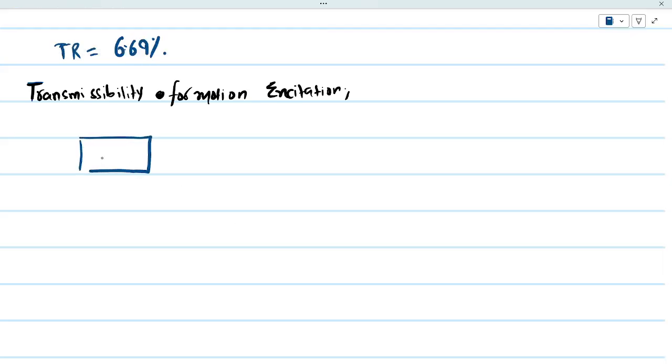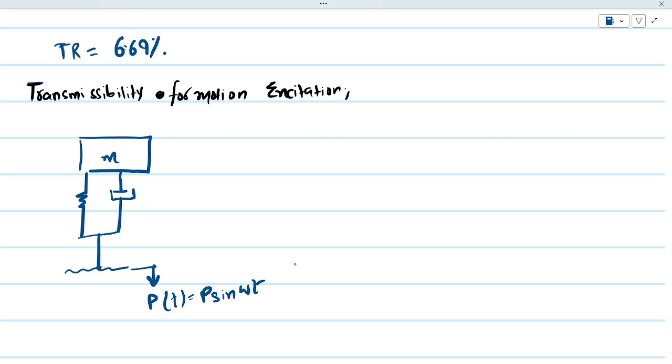Let's assume we have a system of mass m, and we have some spring and some damping coefficient, and it is connected to a foundation, and that foundation has some motion in the vertical direction.